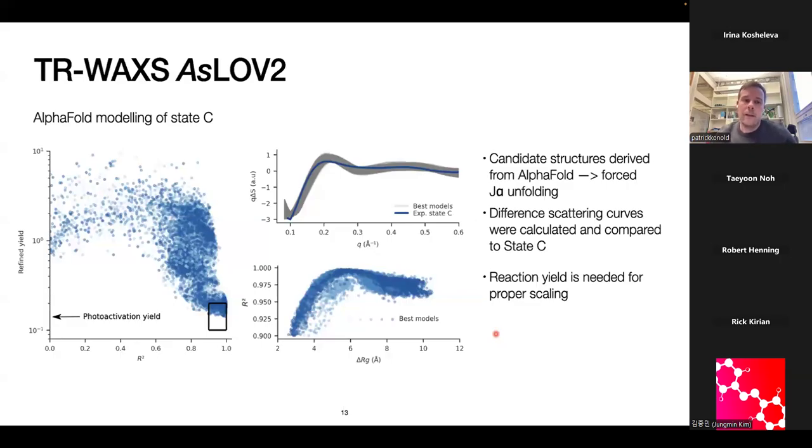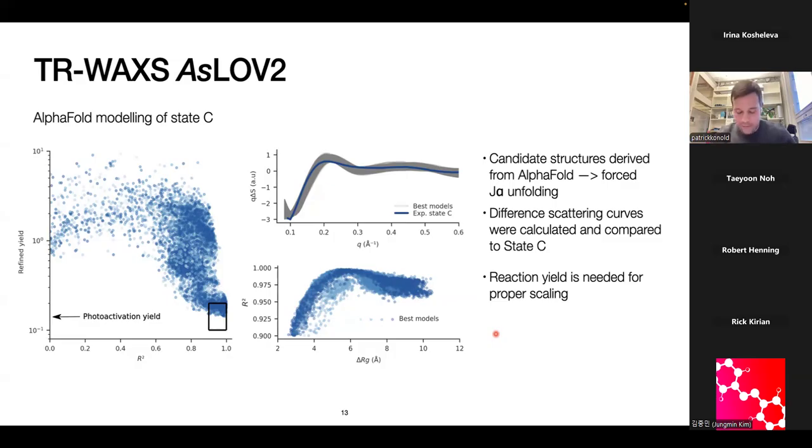In the beginning, the idea was to aggressively sample and try to find structures with the unfolded helix. Turns out after, I don't know, a few thousand candidate structures, we didn't find anything with the helix unfolded, which was just not so fun.